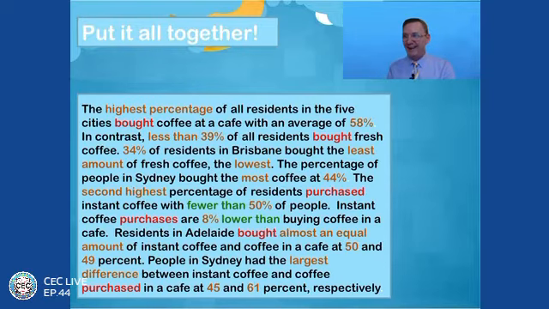It's the same sentences. All I did was move them so now you can see the whole paragraph and what it looks like. I color-coded the data and the super adjectives. Residents bought fresh coffee.